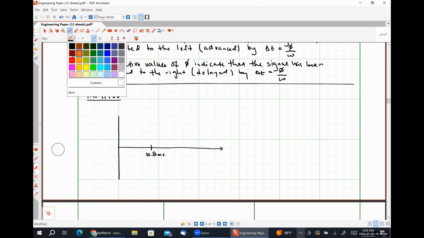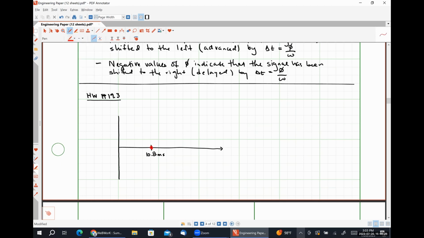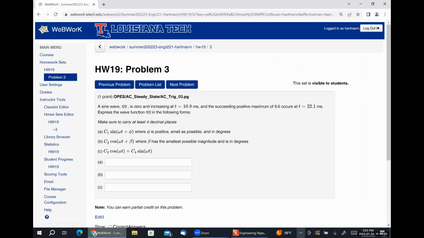And we know that our function is 0 and increasing at this point. Okay. The succeeding positive maximum of 9.6 occurs at t equal to 22.1 milliseconds.